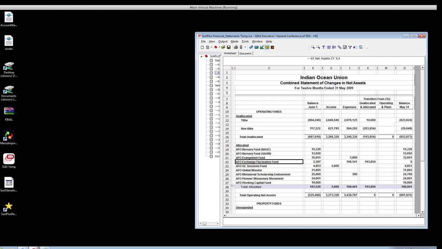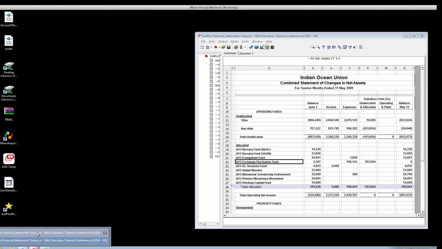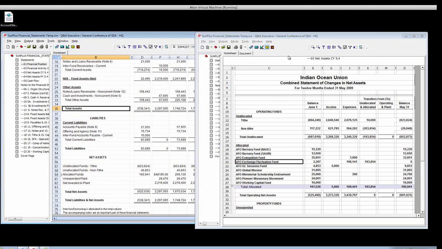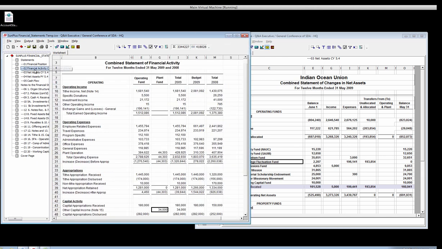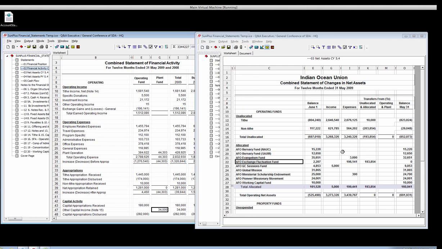All right, to make it a little bit easier to show you what I'm talking about, I'm going to open both of these statements. Okay, this is where it gets slightly confusing. Pay attention. So this is the income statement, the activity statement of this same organization, and so they should be the same number at the bottom.